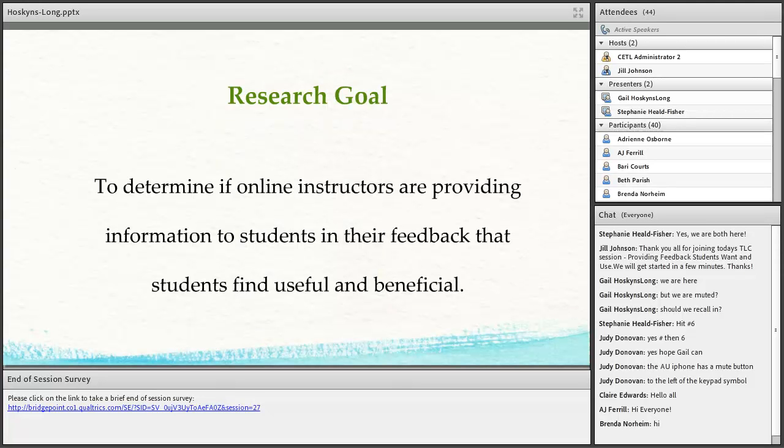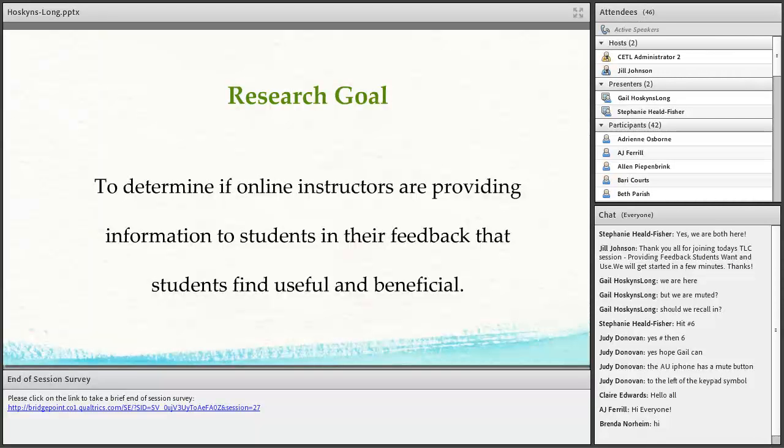Briefly, we had this as our research goal, and we started by first reviewing the research on student expectations for feedback. We found lots of research on that topic. Then we looked at the kind of feedback online instructors are providing and how it matched up to the student expectations identified in the research.